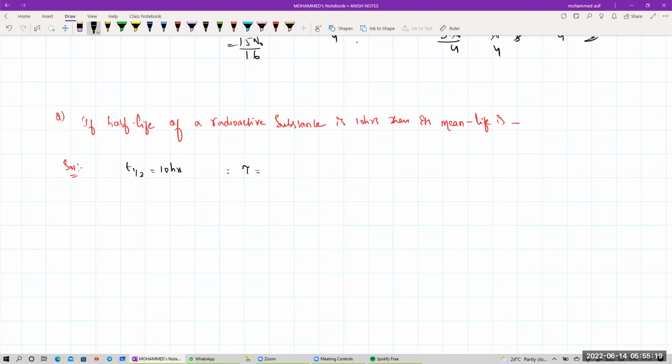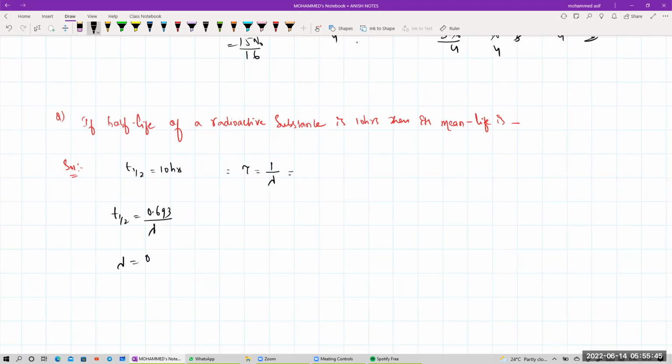Mean life, tau, will be equal to how much? Sorry, tau is equal to 1 by lambda. What is the formula of T half? T half is equal to 0.693 divided by lambda.